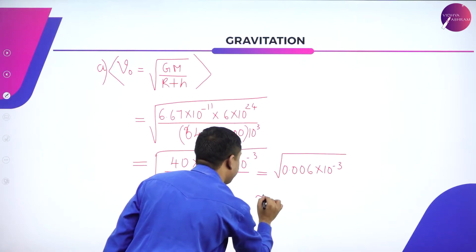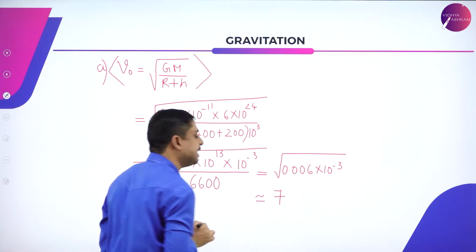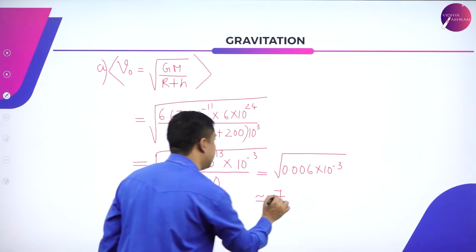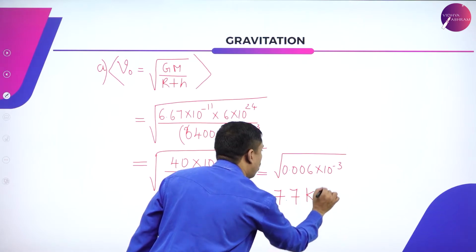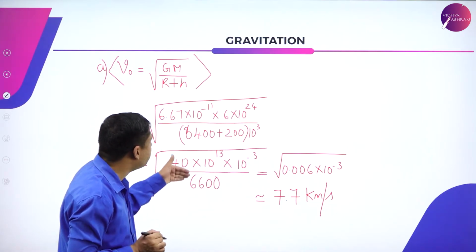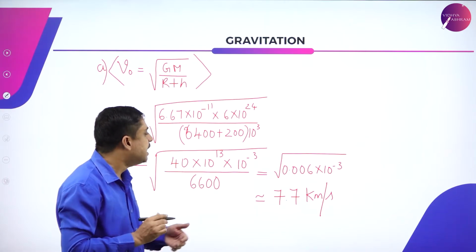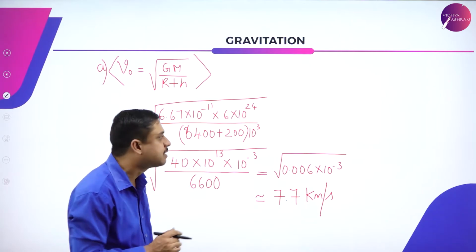When we simplify this, orbital velocity turns out to be nearly 7.7 kilometers per second. So, simple simplification, 7.7 kilometers per second.